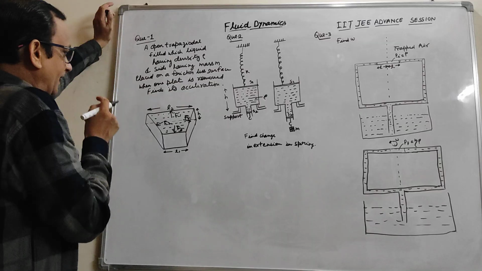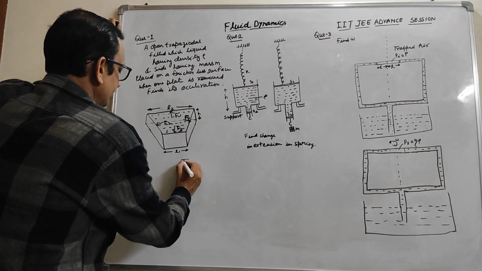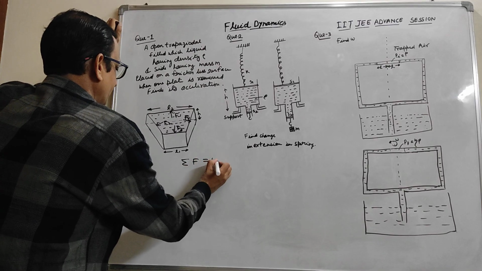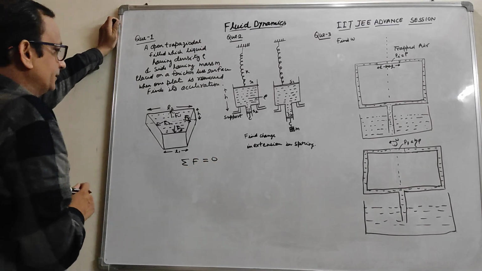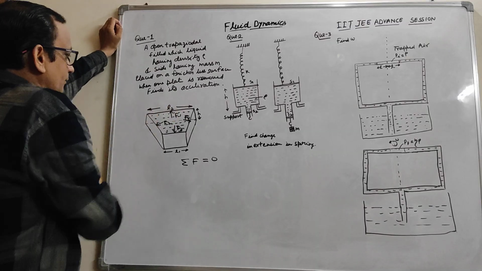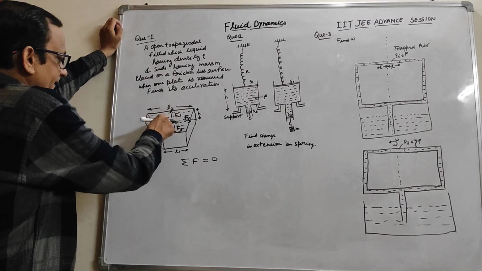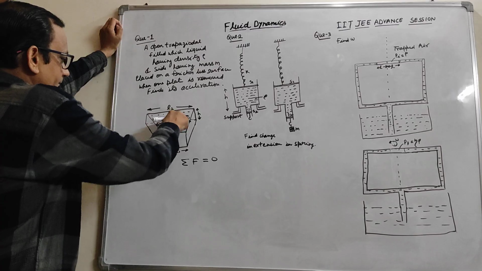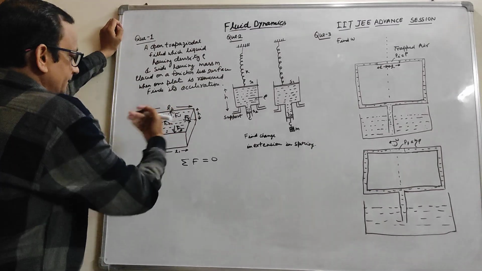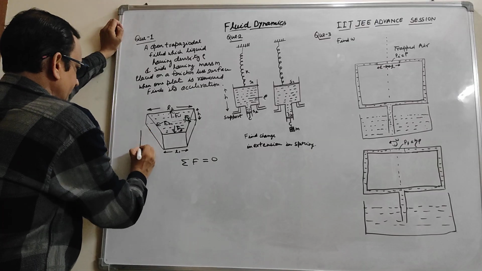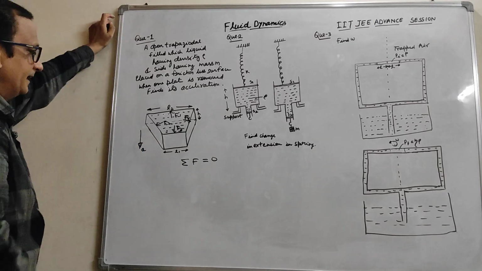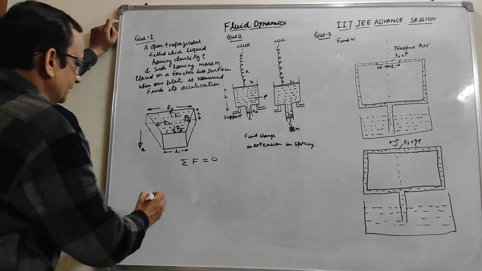When we remove the L2 plate, initially the summation of F is equal to 0 at equilibrium, but when the L2 plate is removed, the normal force is acting outward on the plane, so this system would accelerate. So we have to find the acceleration of the system.